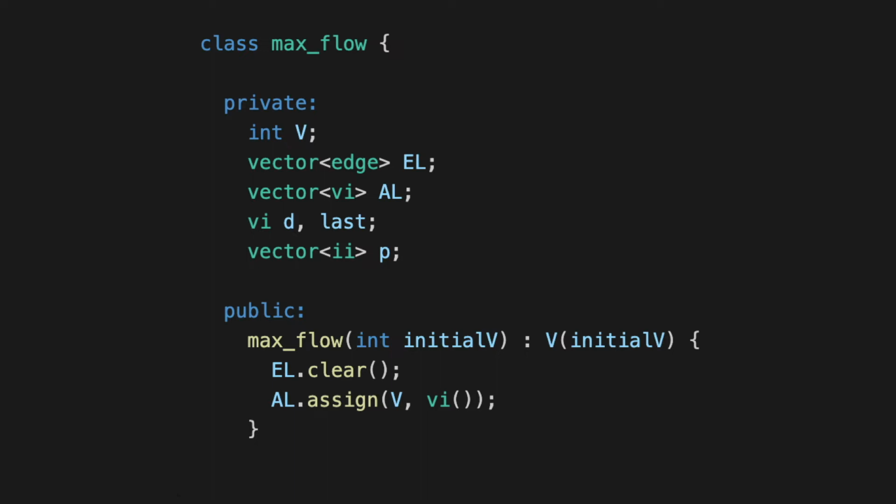The last thing you see here is a vector of integer pairs called P. This is some sort of a parent array which will help us do the backtracking that we need to do for going along an s-t path, finding the bottleneck capacity and all of that. So those are essentially the main entities that we will be working with.